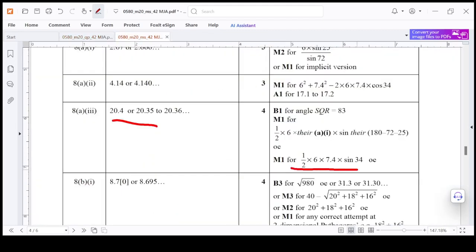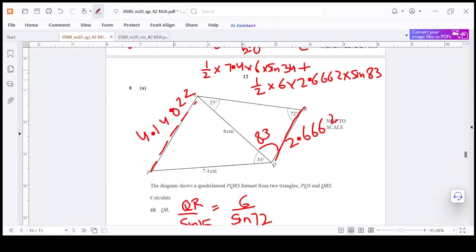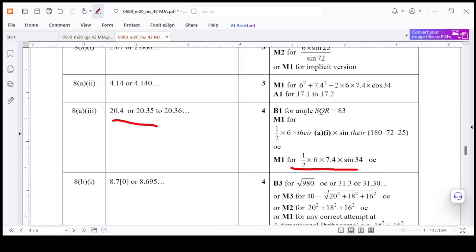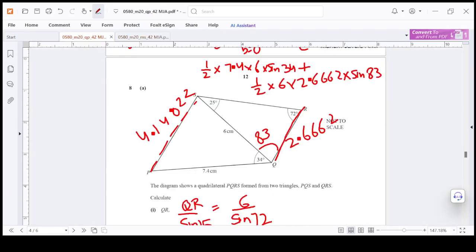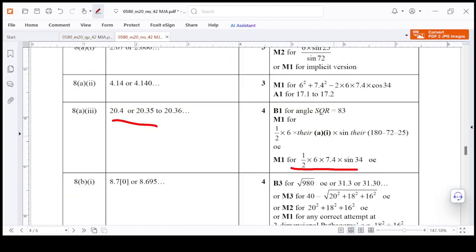I get this? Half times 6 times 7.4 times sine 34. And then half times 6 times 2.662 times sine 83.